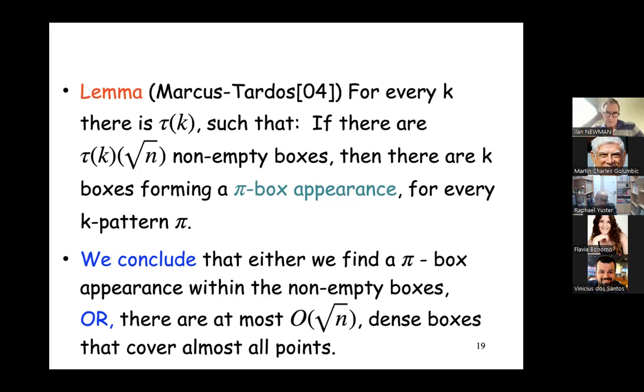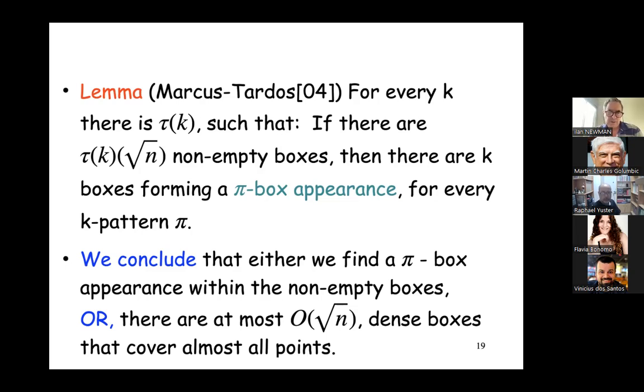Okay, so we are in this conclusion that there are at most linear in square root of n dense boxes that cover almost all points. And the reason that they cover almost all points is that we did sampling.